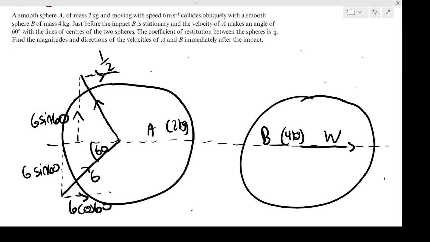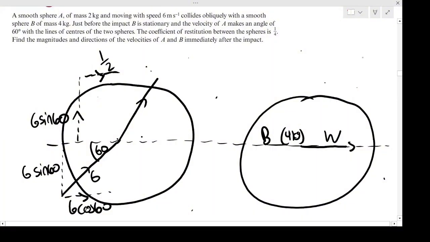And so to adjust for the overall velocity, it's going to go the opposite way like that. So if I get rid of that, we'll be going forward here by 1/2 and then upwards by the same 6 sine 60. And so there we are.